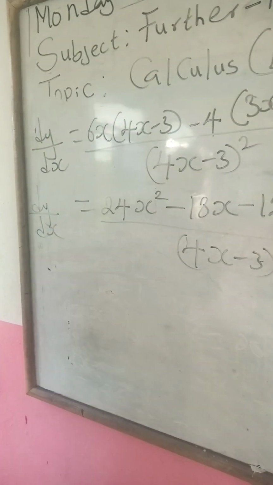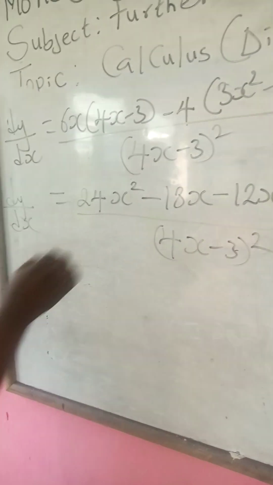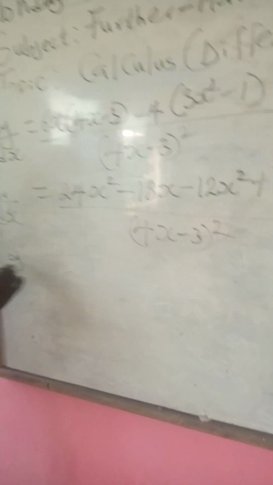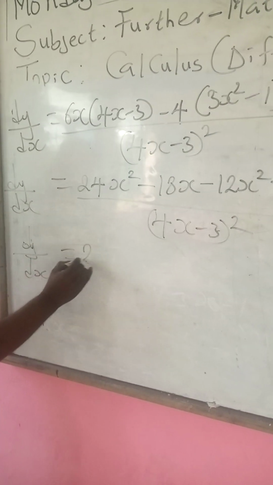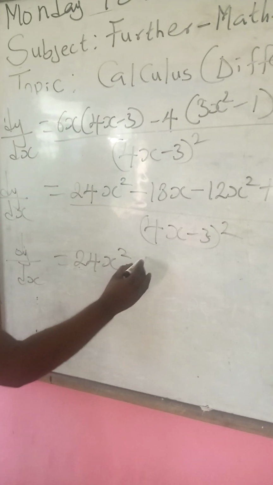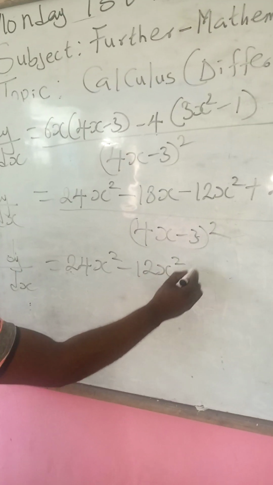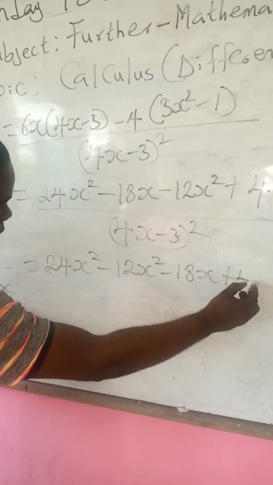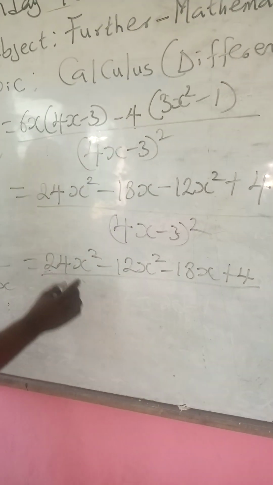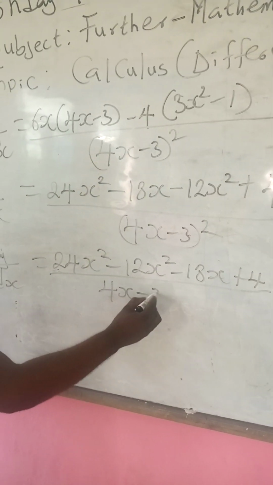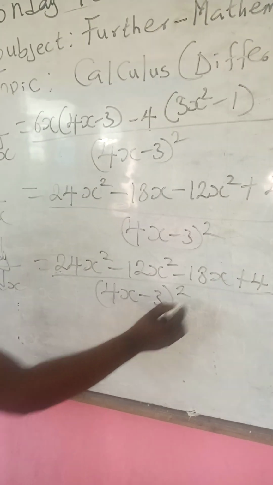But if you observe, we have x squared, so let's collect like terms. So my dy dx here will become 24x squared minus 12x squared minus 18x plus 4, all divided by 4x minus 3 squared.